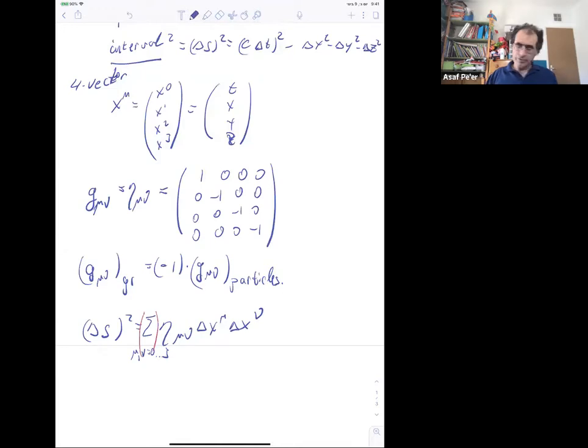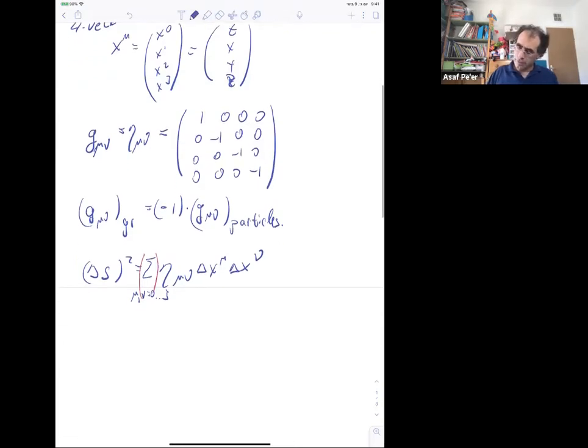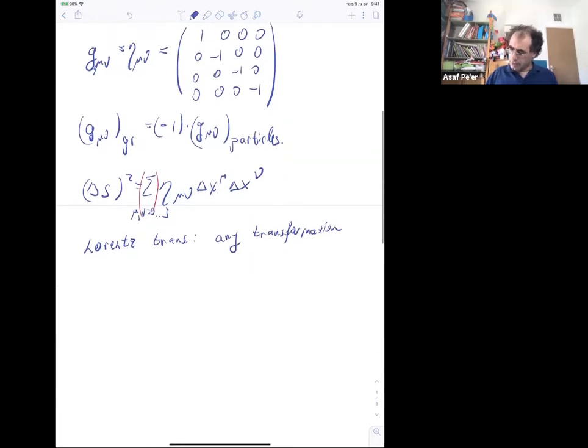Then we define the Lorentz transformation as any transformation that conserves the interval. It's a linear transformation, actually. It has to be linear.